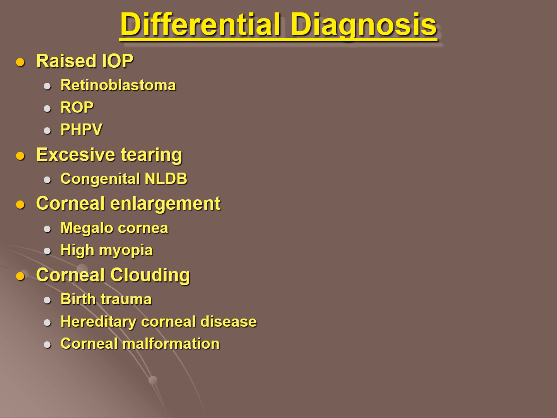But in this case, visual acuity is normal, the cornea is shining, normal, and no other abnormality is noted. And certain diseases in which corneal enlargement is there, such as megalocornea, and in high myopia, the cornea looks to be bigger. Corneal clouding in certain diseases may be due to birth trauma, hereditary corneal diseases causing corneal clouding, and corneal malformations. You must rule out these diseases.